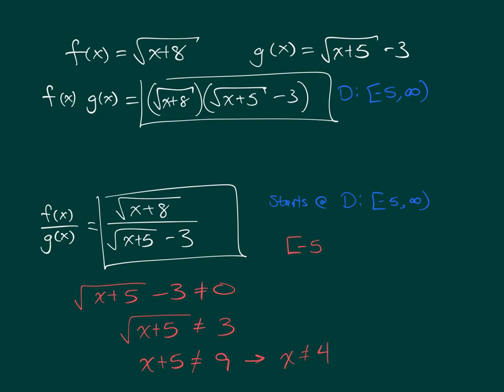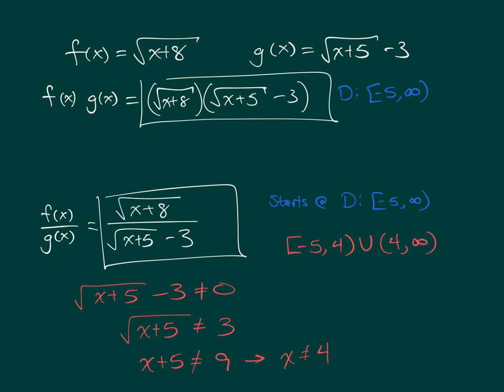We get just to the left of 4, and we do not include it, but we snuggle up right next to it. Then what happens is we skip over 4, and just to the right, we start at 4 and go to infinity.